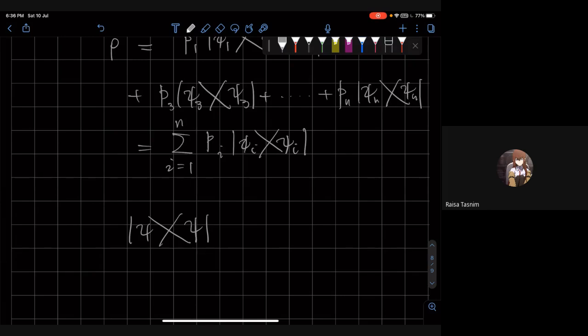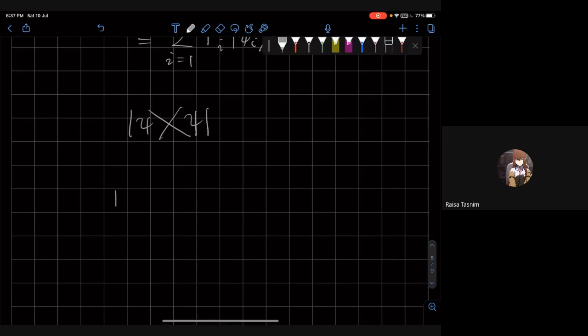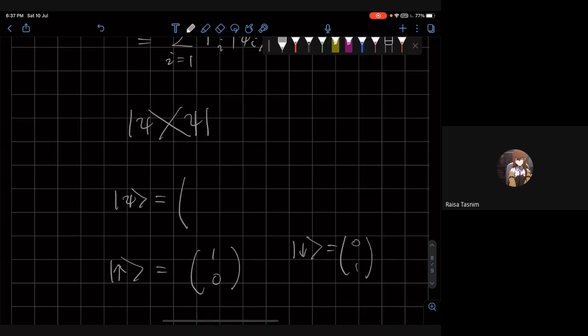Kind of, I have to go back and review some stuff. Okay, let me remind you what this is. For a finite dimensional case, we can think of psi as a column matrix. For example, the spin up state can be thought of as (1, 0), and the spin down state is (0, 1). And then (C1, C2), some general state, is C1 spin up plus C2 spin down.